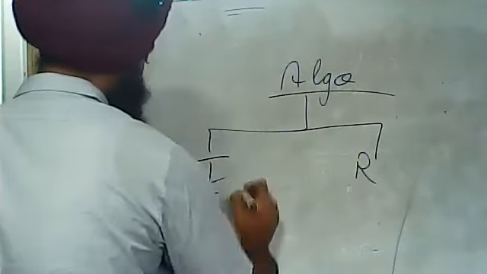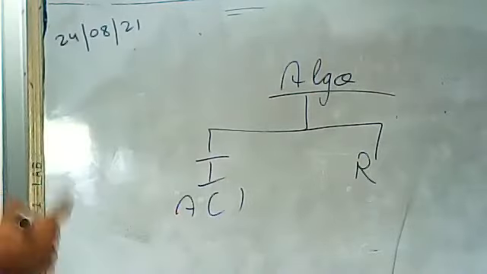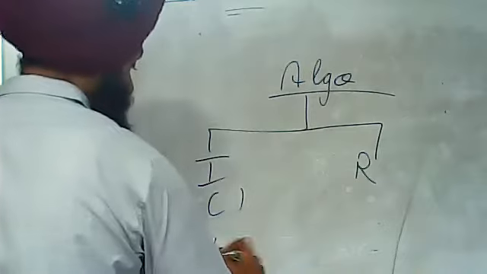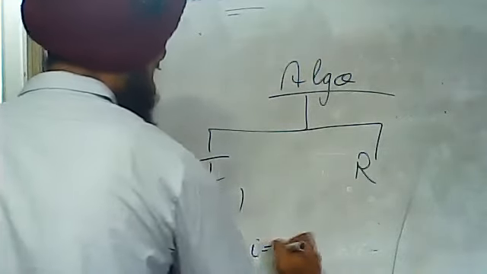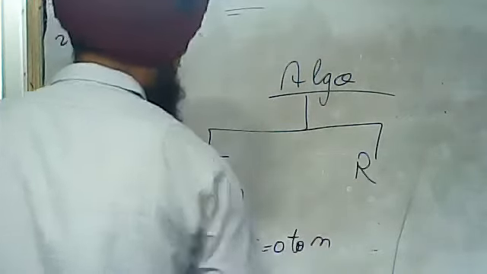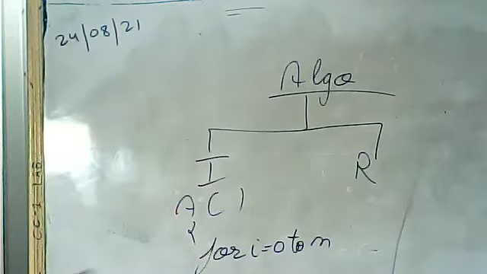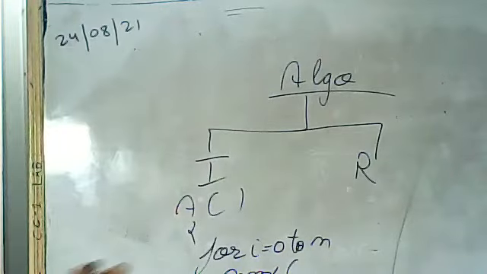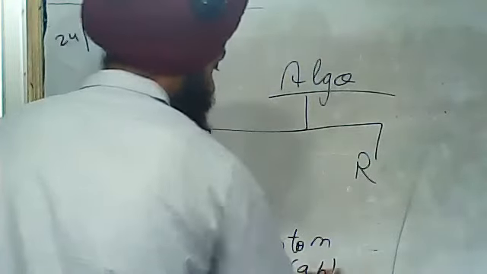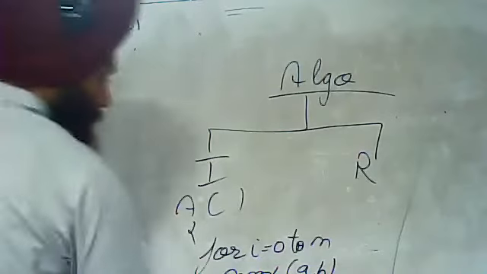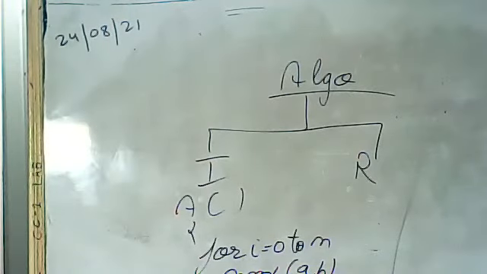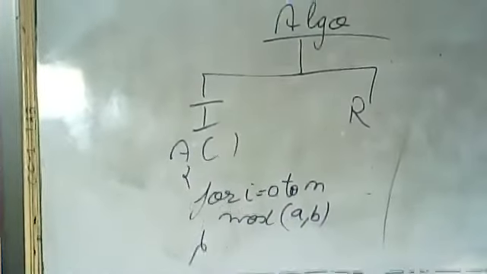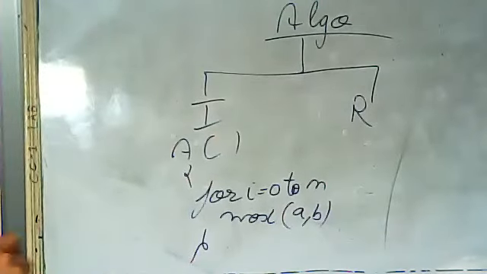Iterative one will look like this. If there is a function a, or this is a program, then there will be some kind of loop in it from 0 to n, and it may call some other function. So this is the example of an iterative program. This one is the example of an iterative function.